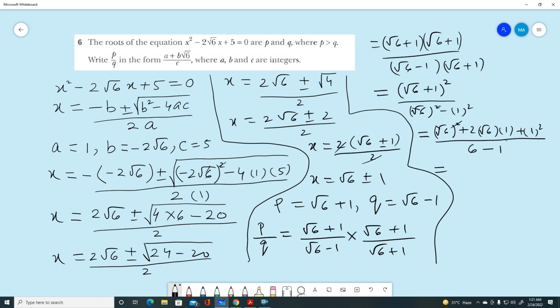Root and square cancel, 6. 2 root 6 into 1, 2 ones are 2, 2 root 6. 1 square is 1. 6 minus 1 is 5. So p upon q is equal to 6 plus 1, 7, plus 2 root 6, upon 5. And this is our final answer.